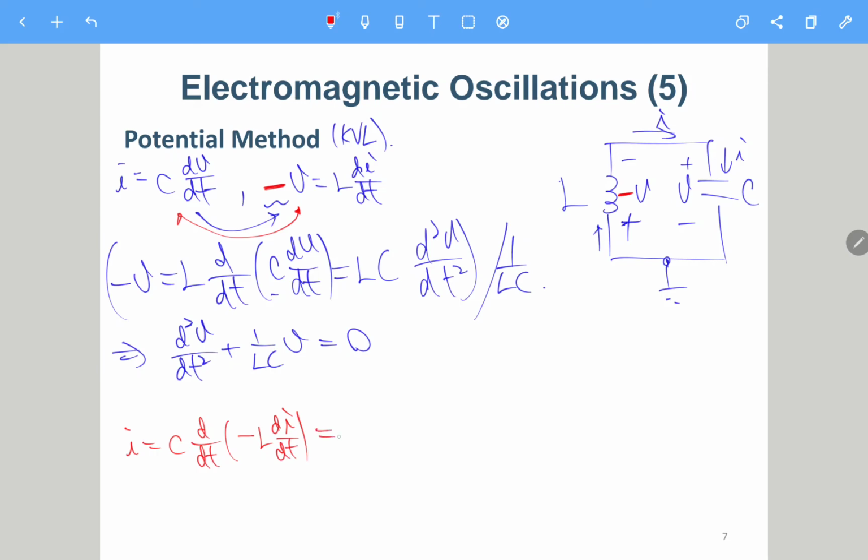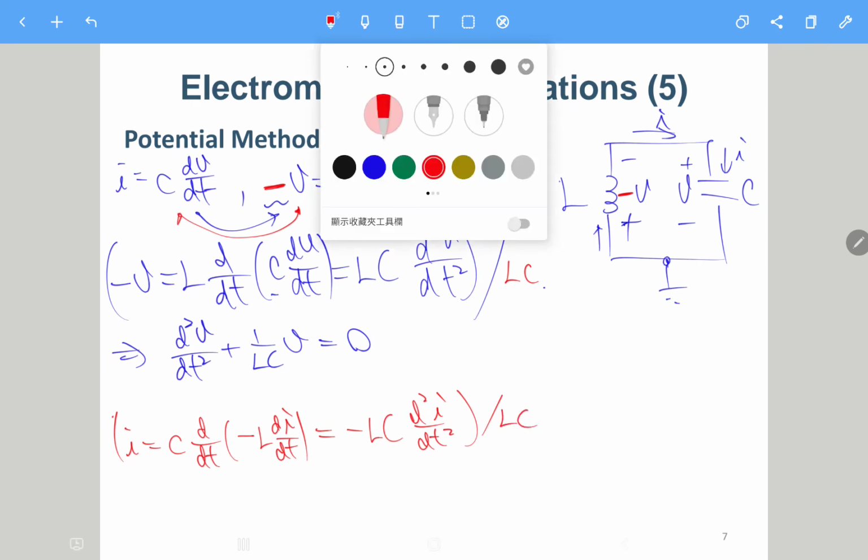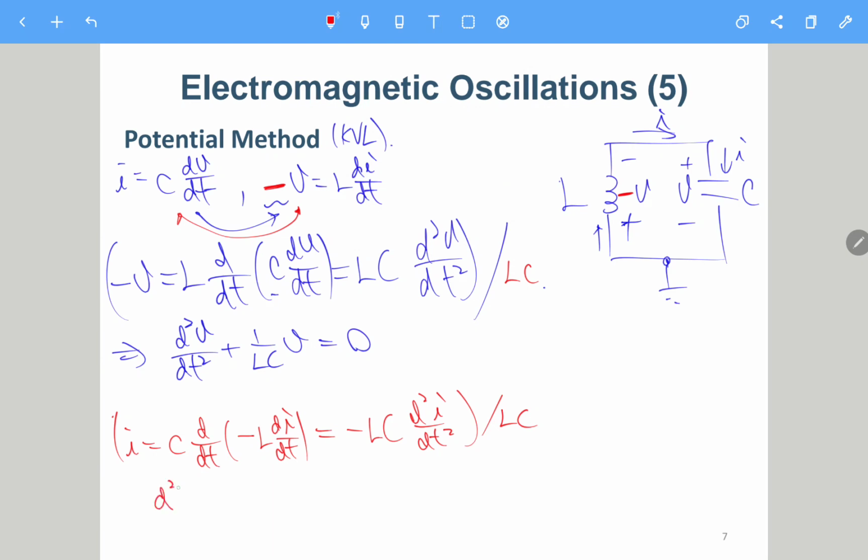L is a constant, so we have a negative LC, and then d²I/dt². And then we also divide by LC on both sides. So you get d²I/dt² plus 1 over LC I equals 0.